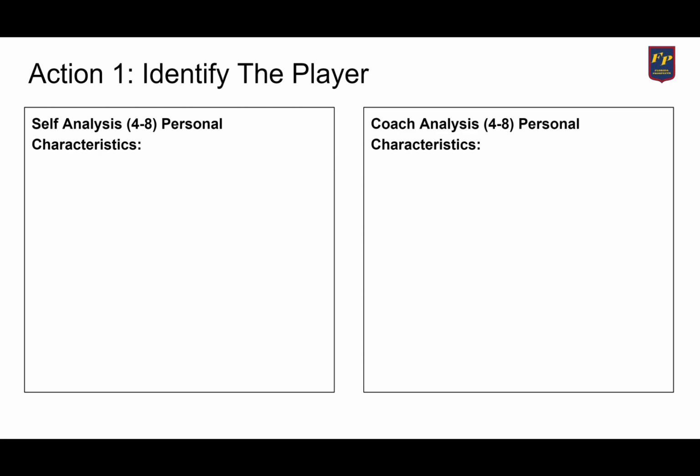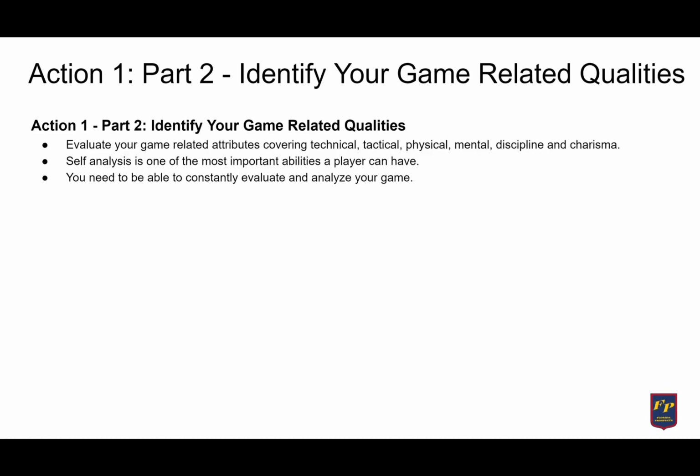Ask your coach to break down 4 to 8 personal characteristics about yourself and see if they match up, where are they different, and that way it gives you a little bit more insight into what somebody else, like somebody that works with you on a consistent basis, thinks about you. So get this done, and you're going to get a PDF of this whole thing, so don't worry, you don't have to fill it out on the fly like this. I'm going to give you the PDF, so you'll get that in the download section, and then you can build this whole thing out.